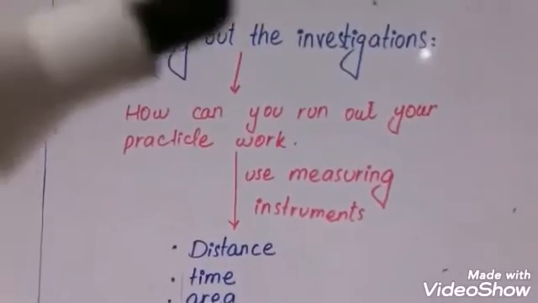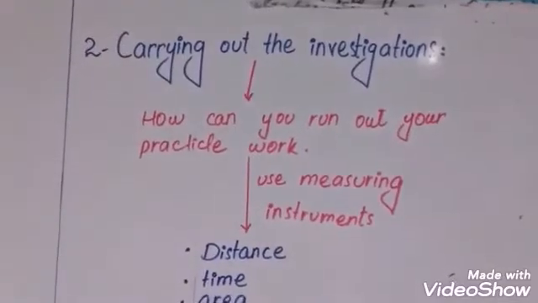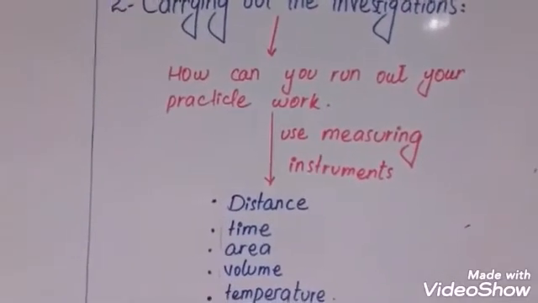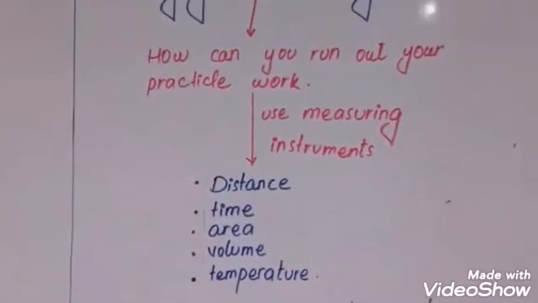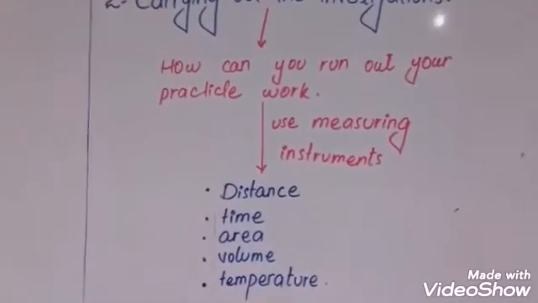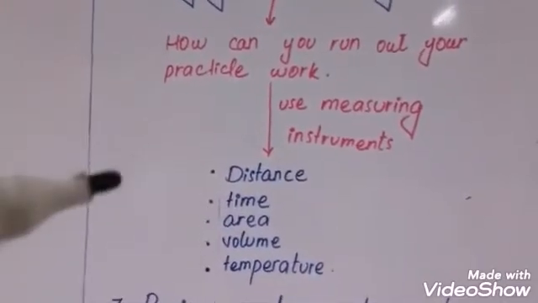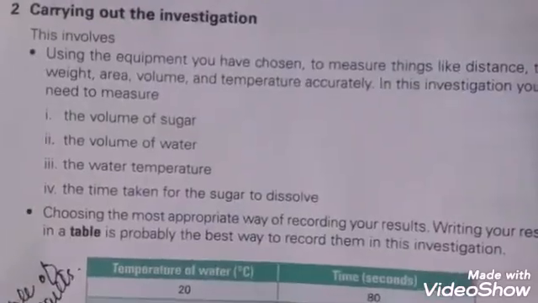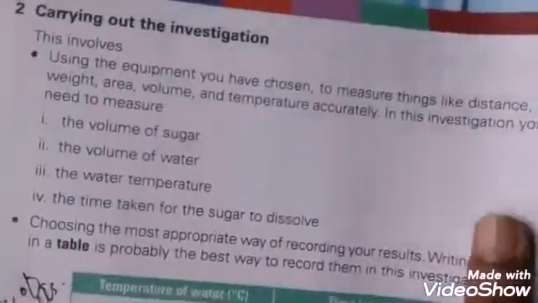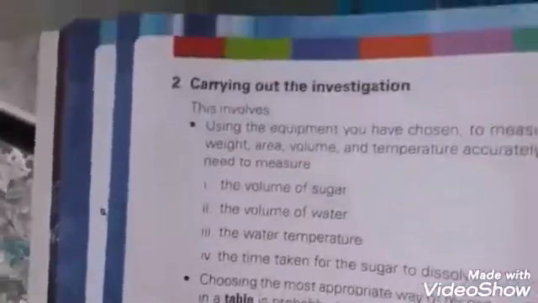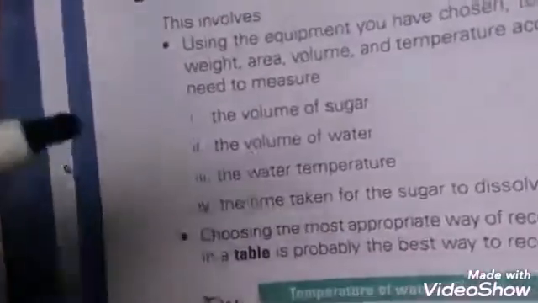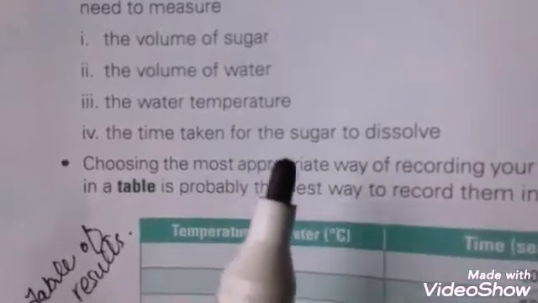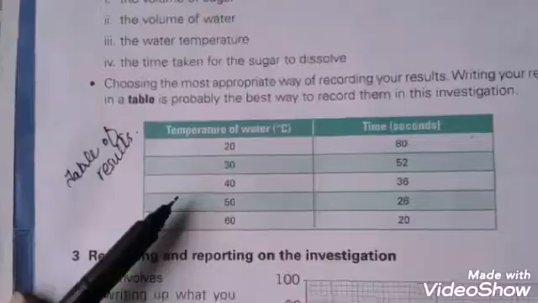The next step is carrying out investigations. How can you carry out your practical work? By using different instruments. You have to use different instruments for accurate measurement: measurement of distance, time, area, volume and temperature. In this investigation, you will need to measure the volume of sugar, the volume of water, the water temperature, and the time taken for the sugar to dissolve.